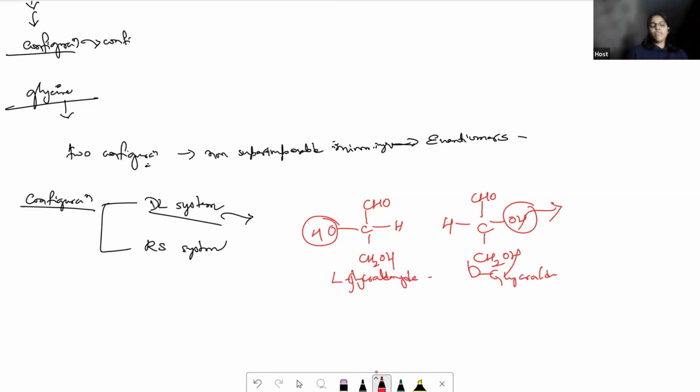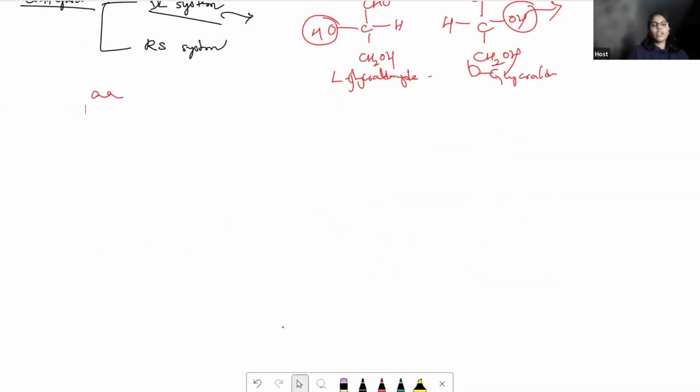In the same way, for the amino acids, they take into account the amine group. If the amine group is on the left, they call it L-amino acids. If the amine group is on the right, they call it D-amino acids.